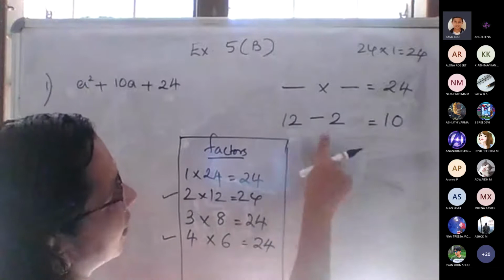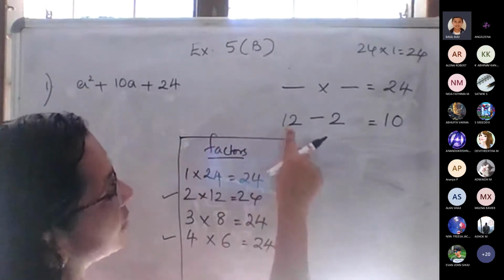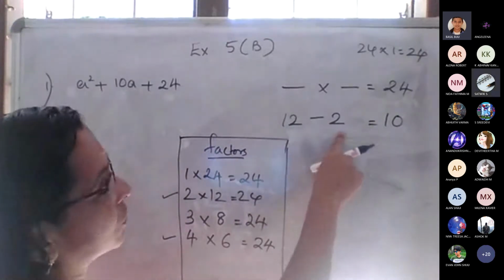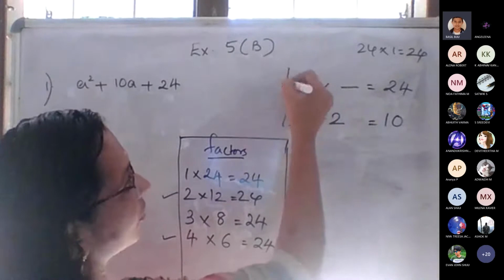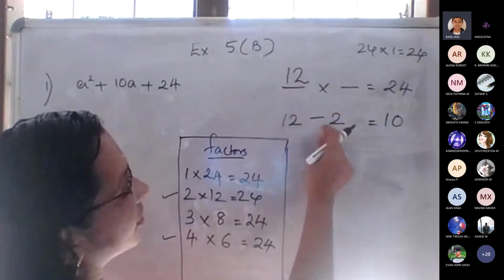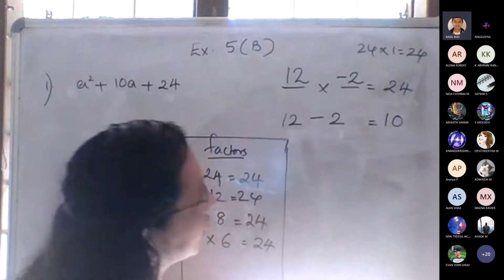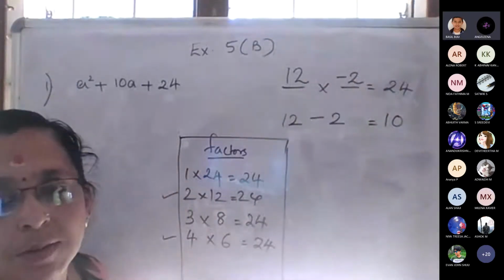Okay, then the sign of 12 is positive. Listen carefully. The sign of 12 is positive and the sign of 2 is negative, so the same thing we have to write in the 24 also. So first we write 12, then next we write negative 2. So 12 into negative 2 is what? Negative 24.